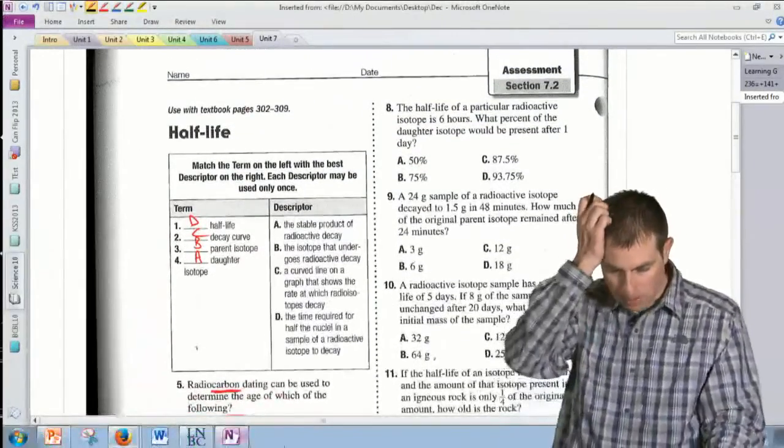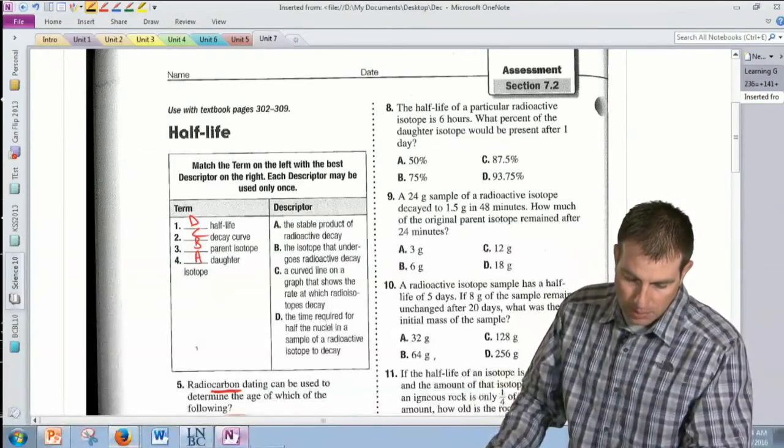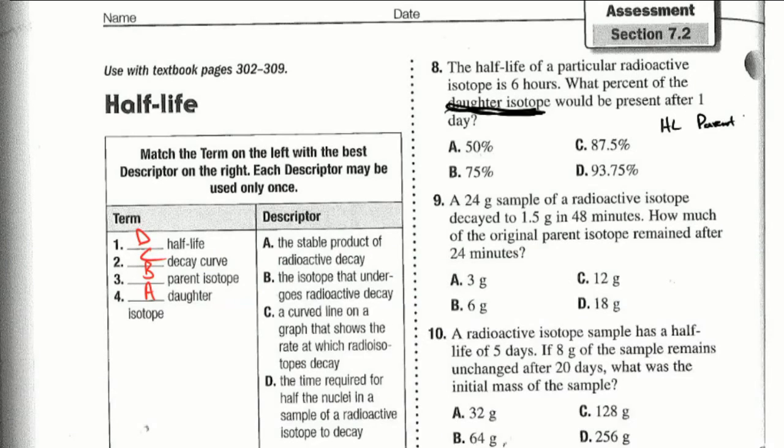That's good. So number 8, the half-life of a particular radioactive isotope is 6 hours. This is a really, really tricky question because you're asked to find out how much daughter isotope is remaining. So if you started with your little chart, half-life, you have parent and daughter.